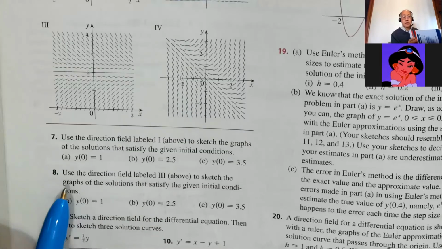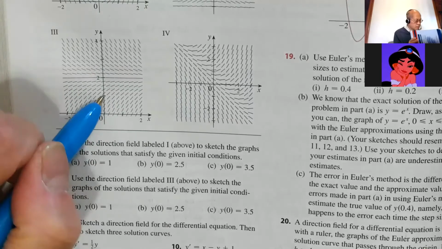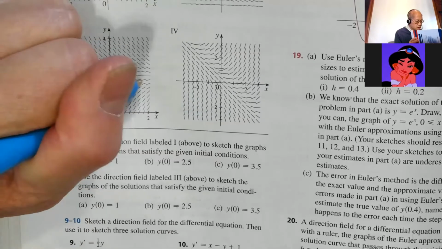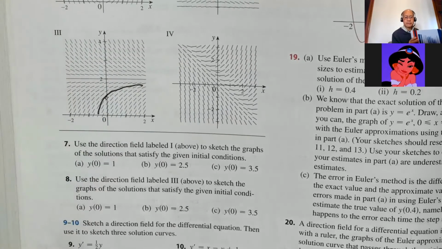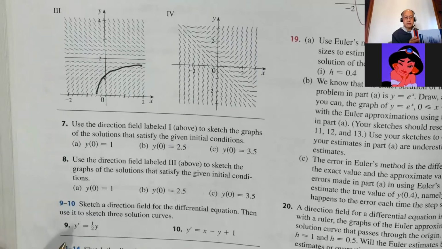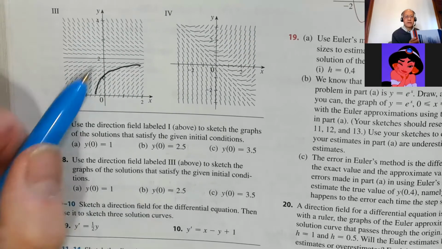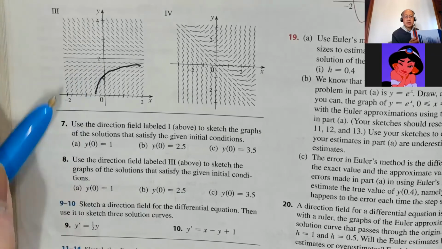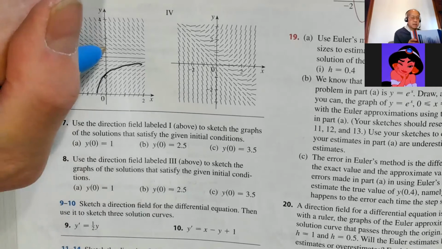Okay. So let's see. y of 0 is 1. That would be right over here. The way the lines are going, curve toward that. y of 0 is 2.5. Okay, let's see. That's 3, so 2.5 is maybe like that.